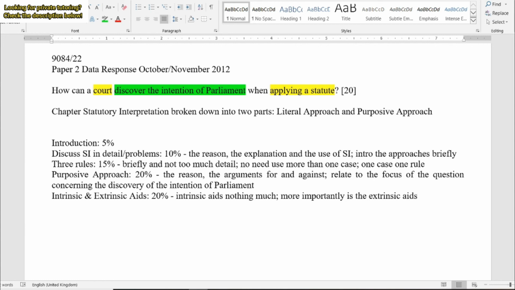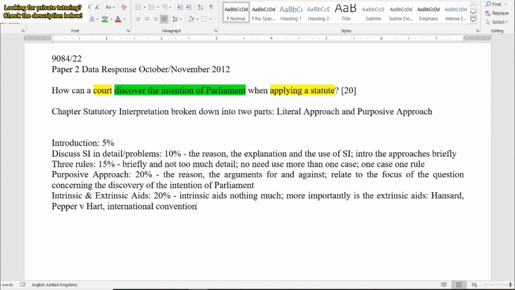This is the part where you need to talk about things like Hansard, Pepper versus Hart, international conventions, regulations, law reform reports, stuff like that.